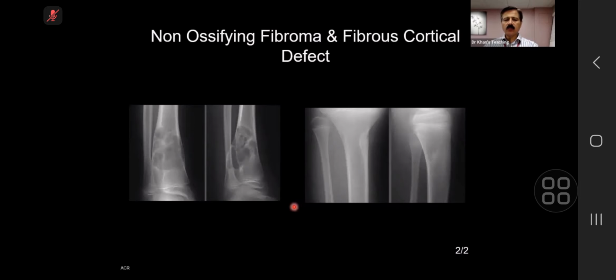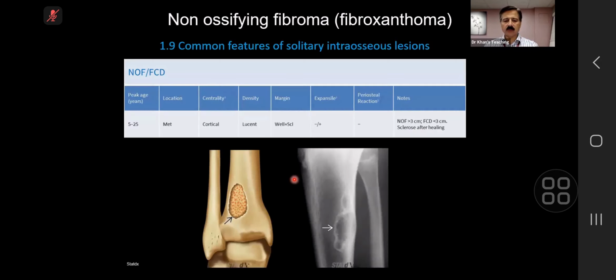Please also remember that non-ossifying fibromas can present with fractures. Histologically speaking, we are not concerned, it's not a malignant tumor, but surgery-wise, they might do some cement implants, etc. for these patients at times.